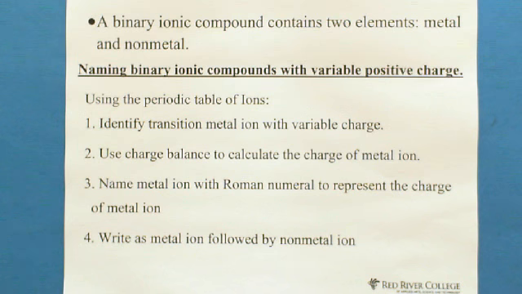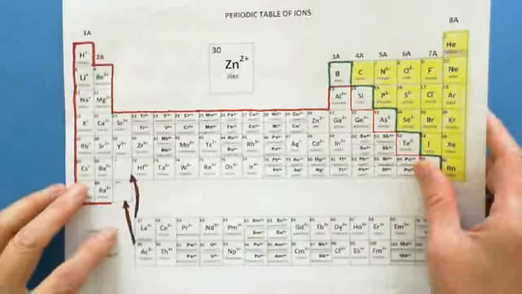So how do we know if a metal has a fixed positive charge or a variable positive charge? You can find all the information from the periodic table. So let's look at the periodic table again.